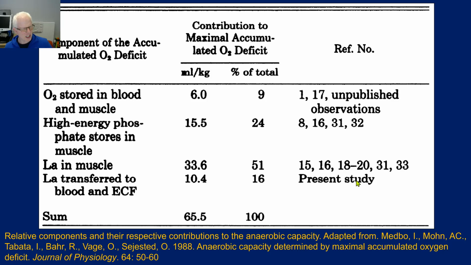51% is actually coming from glycolysis. They're using lactate in muscle as their proxy indicator. Remember that lactate is produced in higher amounts in response to oxygen being limited, in other words, in response to the fact that the exercise intensity is high, anaerobic metabolism. And then the final one is about 16%, which is lactate transferred to blood.